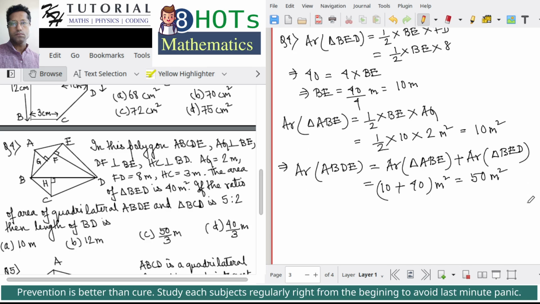Okay, and the ratio of the area of quadrilateral ABDE and triangle BCD is given to be 5:2. So definitely we can then find the area of triangle BCD.